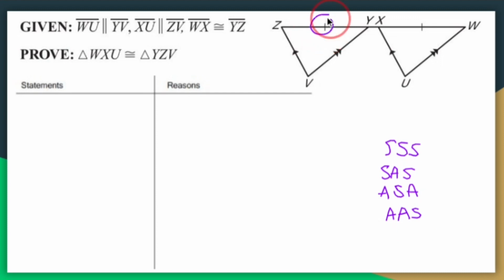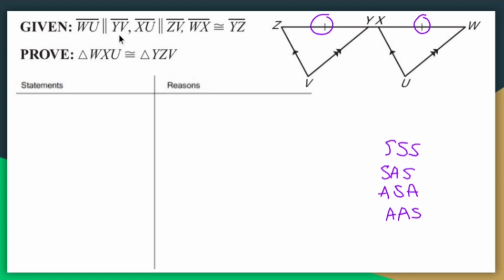I have congruent sides right there, so I have an S. Great. What it also gives me is two sets of parallel sides. Now, usually when it gives you parallel lines, you are thinking thoughts of alternate interior angles.